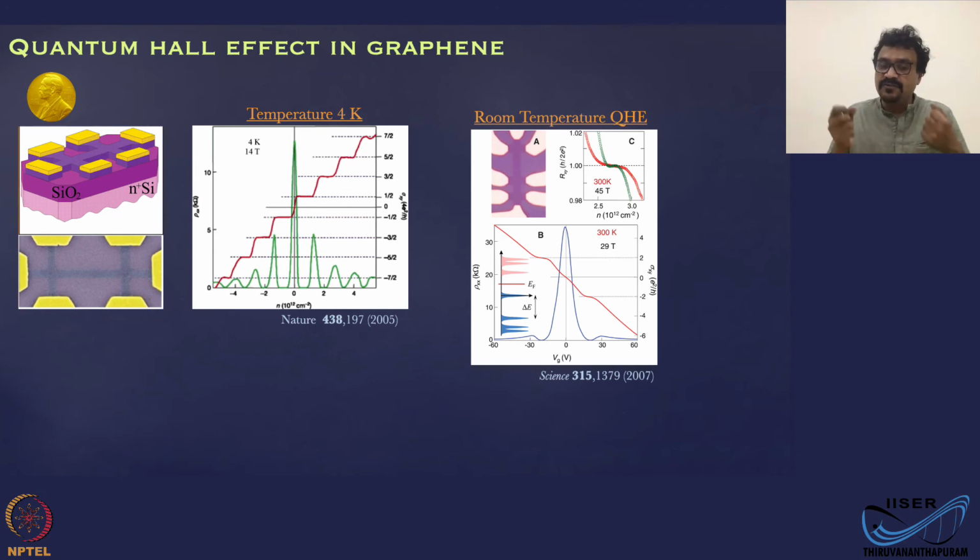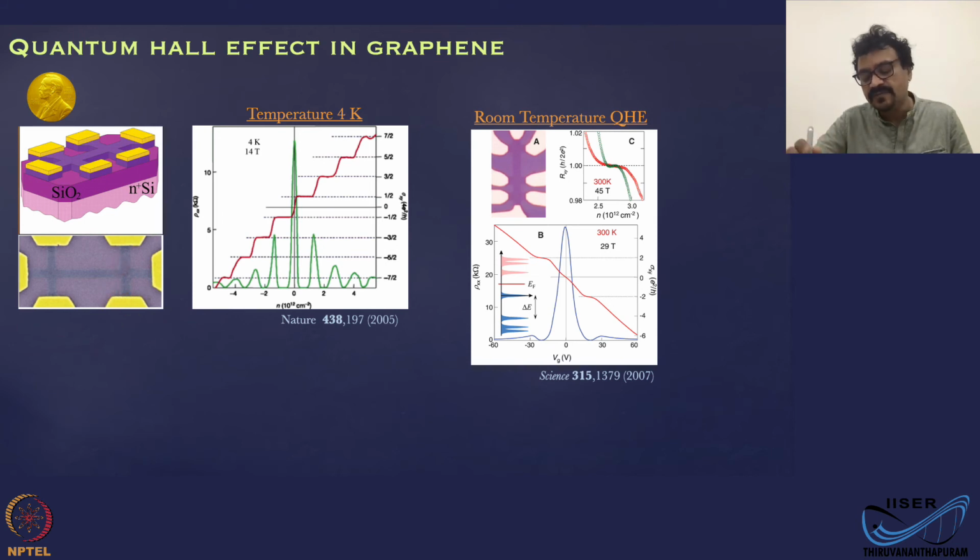It is a sheet of carbon atoms, and one of the first experiments after extraction of a sheet of carbon atoms from graphite is the magnetotransport, where you apply a magnetic field perpendicular to the plane of the sheet, where you have a backgate which is highly doped silicon, and there is a silicon dioxide gate oxide. Then you have the sheet of graphene, which is then patterned in the form of a Hall bar. This is the top view of that.